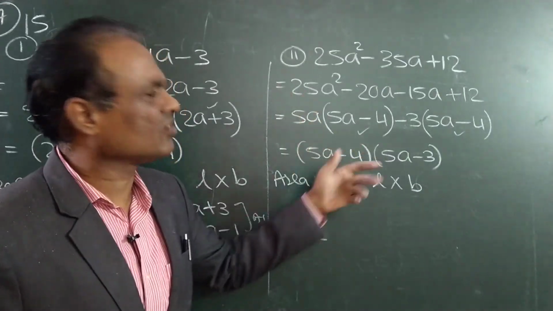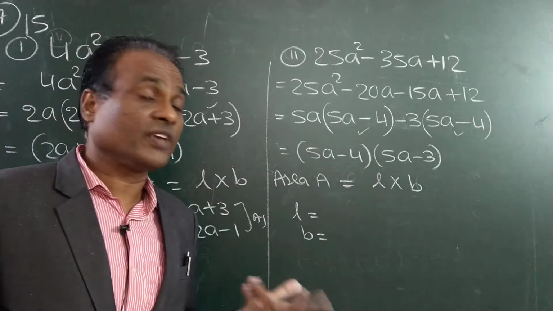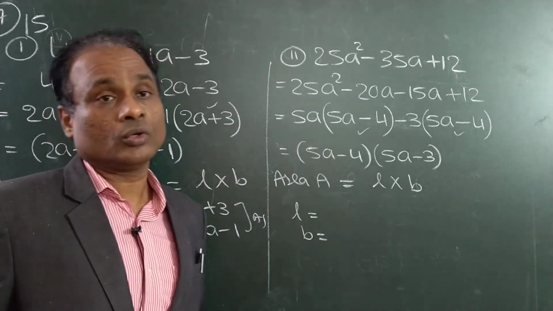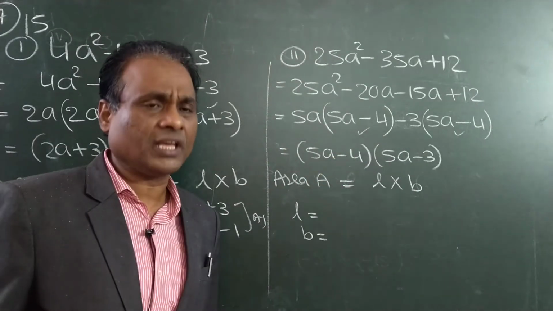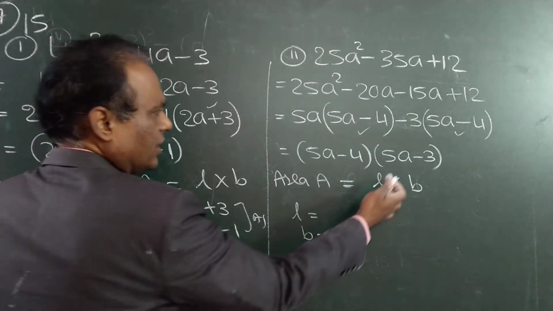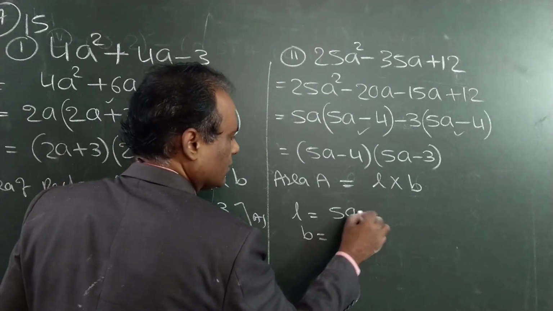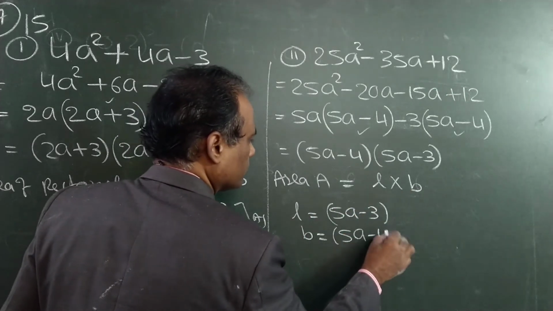One is length, one is breadth. We can't say which is which, because we don't know the value of a. Or if you want to write, anyway you can write, no question.